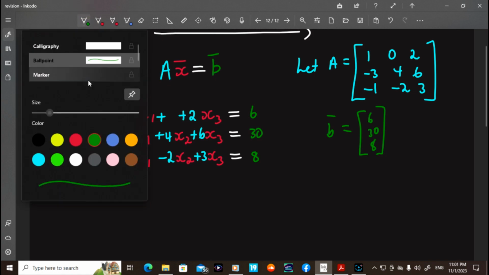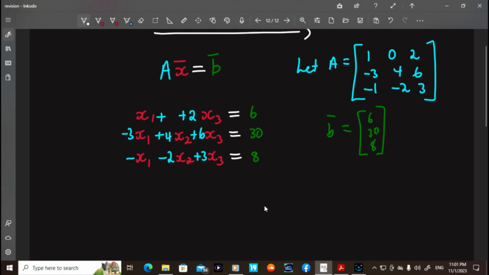Okay, so now this is what is going to happen. We are going to use our knowledge of determinants in solving for these variables.